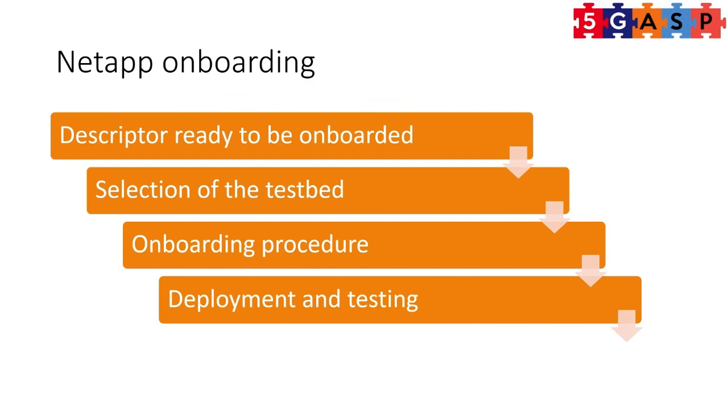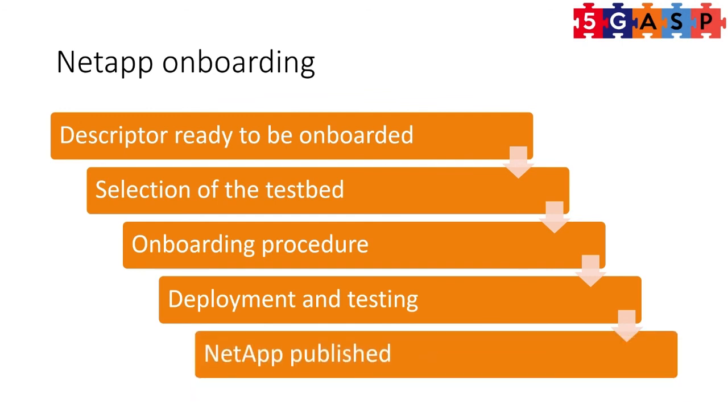Once the onboarding procedure is finished, we move on to deployment and the testing automatically of the Netapp. If successful, and the Netapp is certified, it can be published in the 5GAS marketplace.